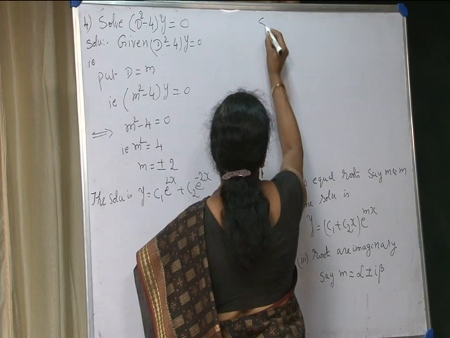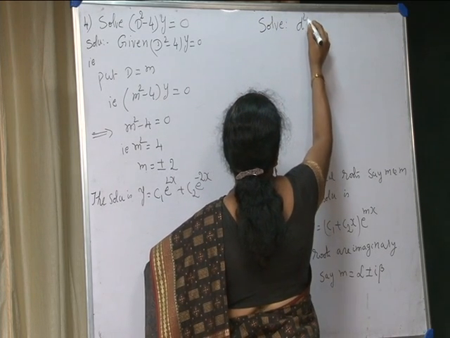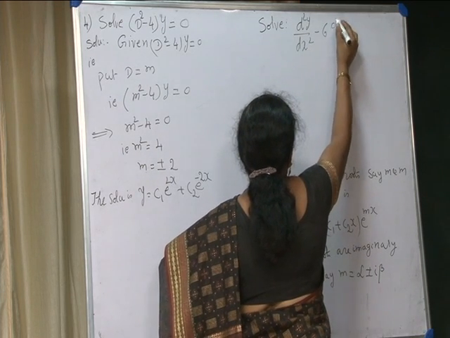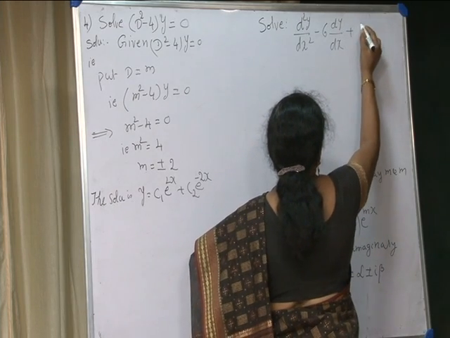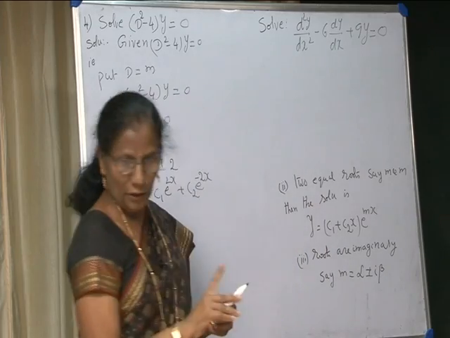Solve d squared y by dx squared minus 6 dy by dx plus 9y is equal to 0.